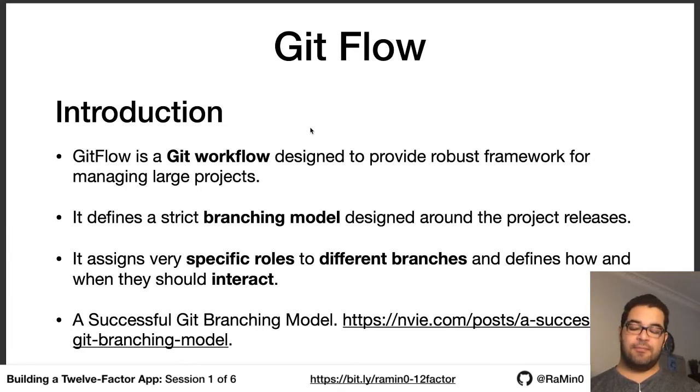This is mainly very useful when it comes to process management, as in approval management, when you need to approve changes to the code before merging them into the production code.